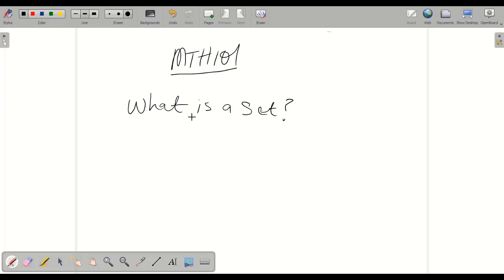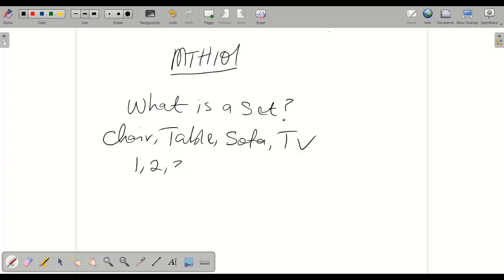If I give an example, like a list of objects, we say a chair, a table, a sofa, a TV. Now all these are lists of objects. I can say 1, 2, 3, 4, 5.